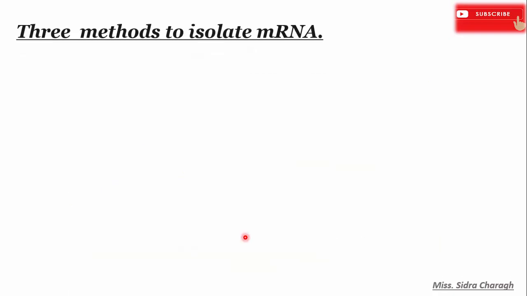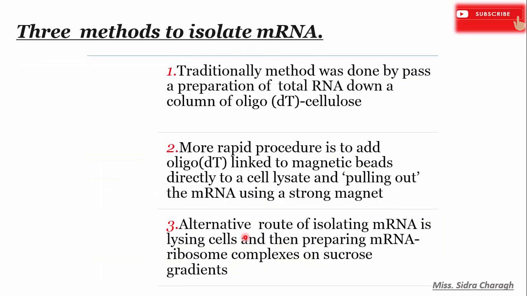There are 3 main methods used to isolate messenger RNA. The first, traditional one was done by passing a preparation of total RNA through a column of oligo-dT cellulose. Oligo-dT bound to the messenger RNA poly A tail, and then we isolate messenger RNA out of the column. The second is to add oligo-dT linked to magnetic beads directly to cell lysate and then pull out the messenger RNA using a strong magnet.